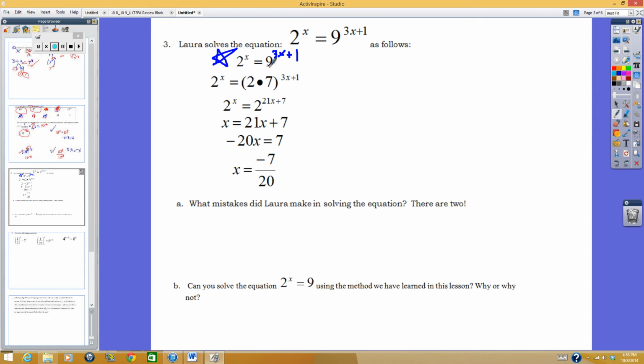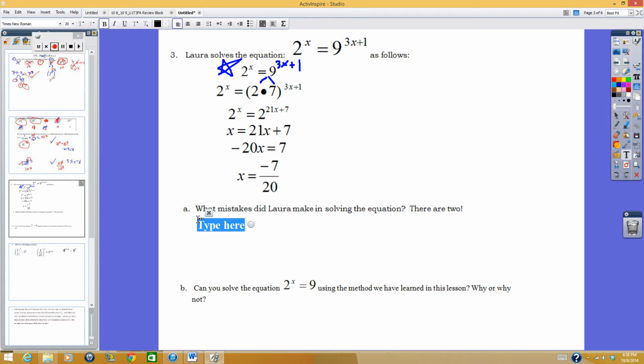Now, it looks like from this 9, they broke this down. 9 divided by 2 equals 7. I don't know what the heck this person was thinking, right? So right there, this is an error. So I'm going to type that up. So Laura made an error in breaking down the 7.